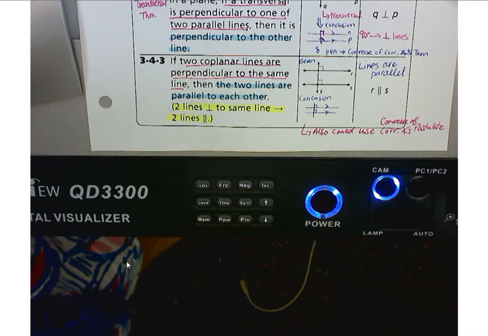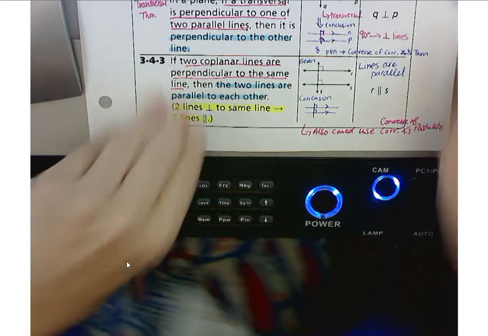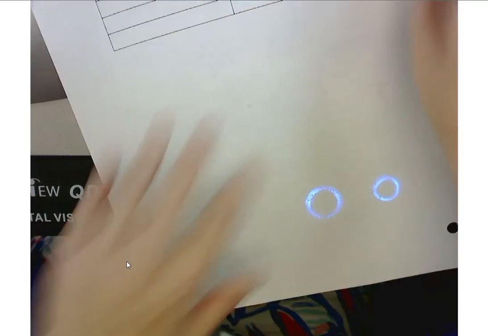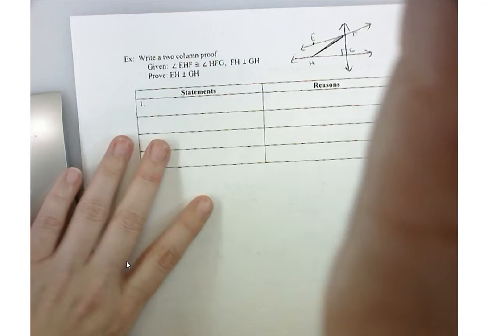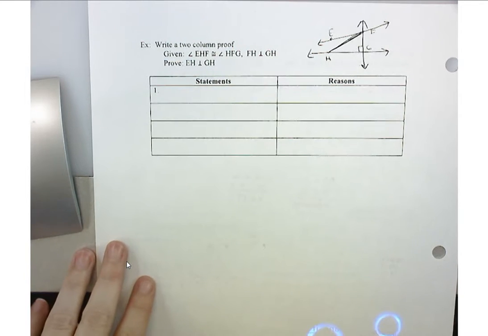Okay, so we are going to do a proof together. And yay, we get to fill the whole thing out. Okay, so we're going to write a 2-column proof. We are actually going to split up the two given statements.